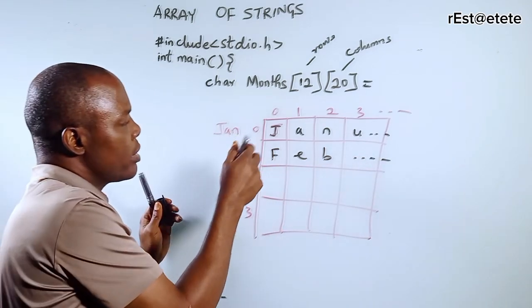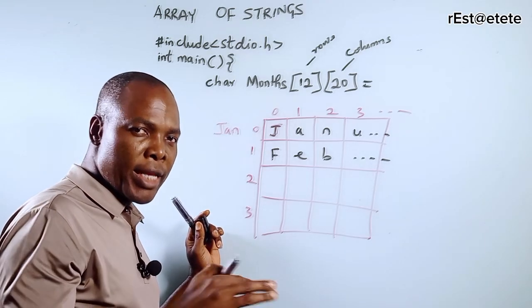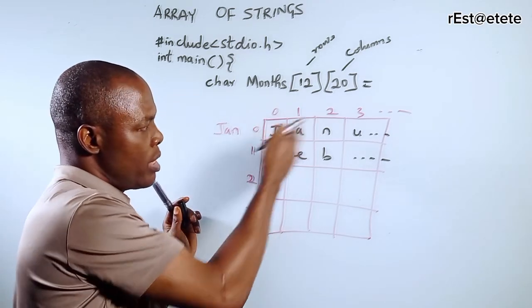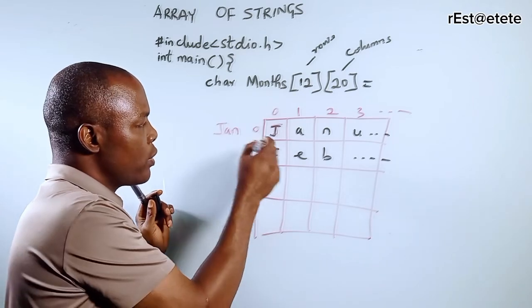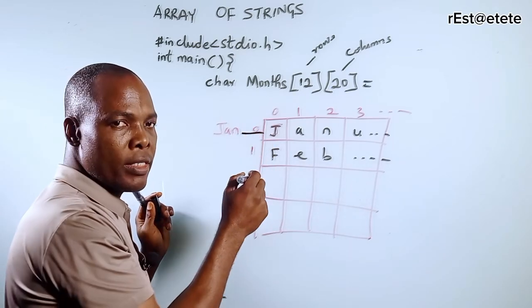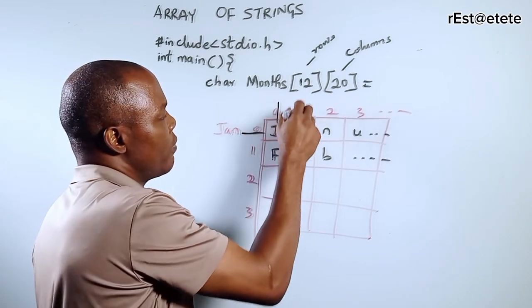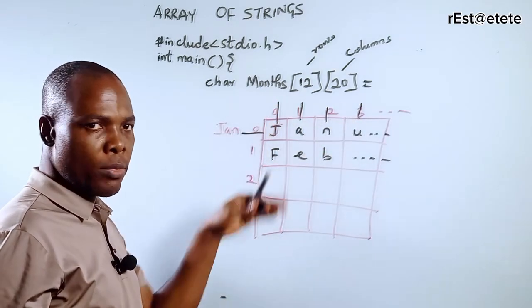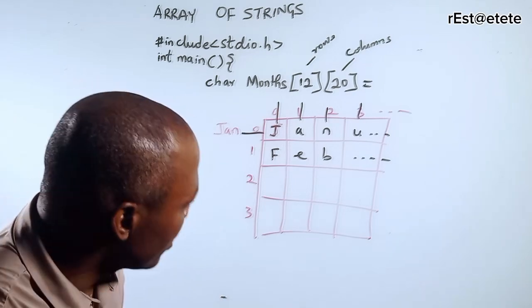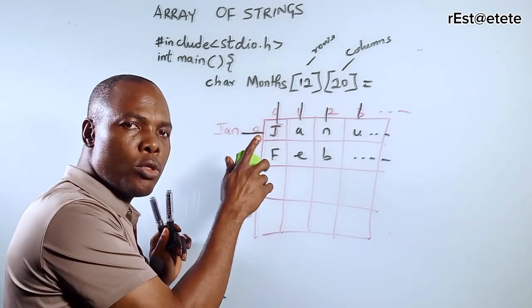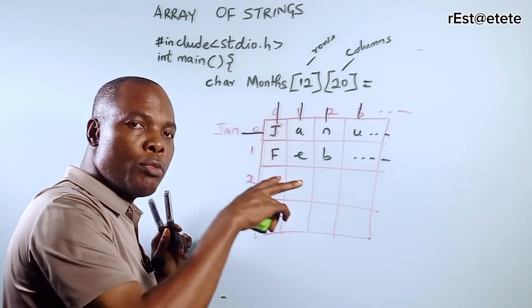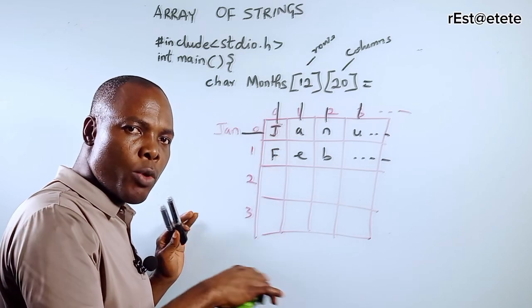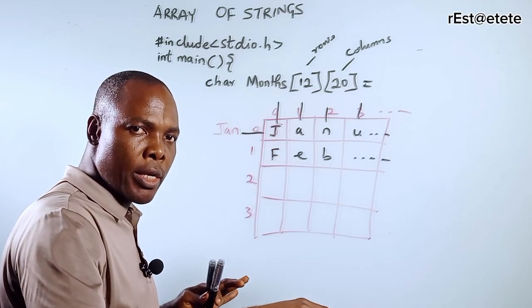Now the first one, you are going to use a nested for loop to be able to print this out. So the first outer loop will take care of the rows. Then the inner loop will take care of each of these columns to print it out. So let's write the program to achieve that. But if you take this two-dimensional array, it's going to be stored in the memory, which is one-dimensional.